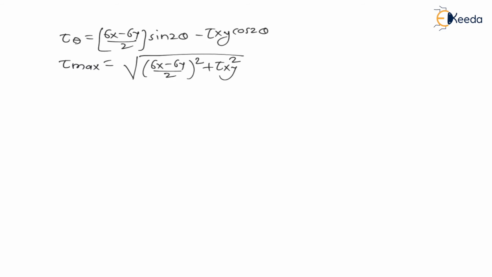Now for 2D loading, there will be two tau max planes in the material. On both tau max planes, maximum shear stress is acting. The plane on which maximum shear stress tau max is acting is called tau max plane.